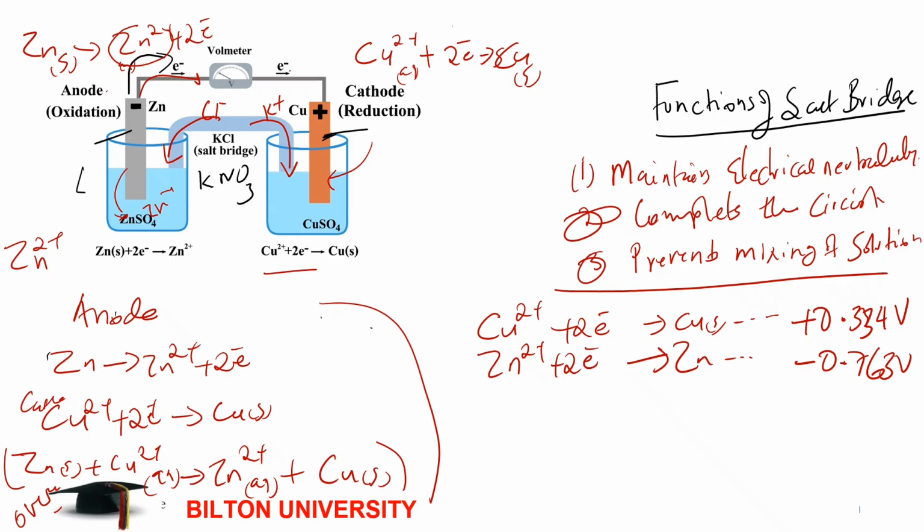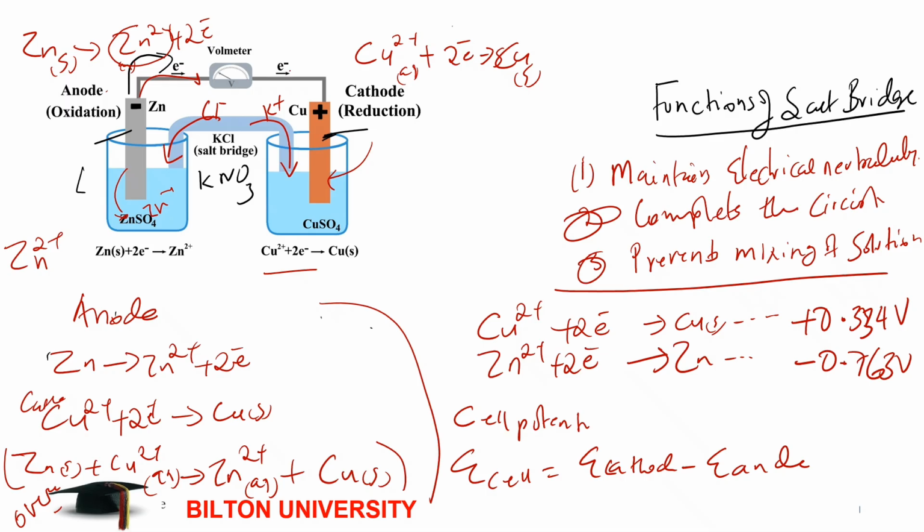We need to calculate the cell potential, E cell. The cell potential E cell is given by E cathode minus E anode. Sometimes we say E reduction minus E oxidation, or E right minus E left.